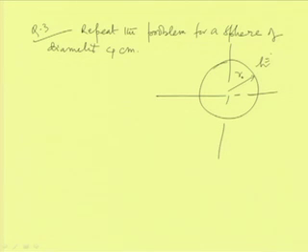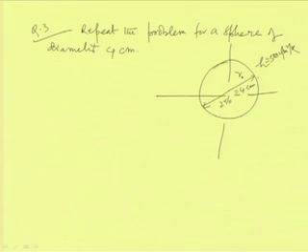As per the problem statement, the convective heat transfer coefficient is 500 watt per meter square per Kelvin, and the diameter is known to us: 2 r naught is equal to 4 centimeter.